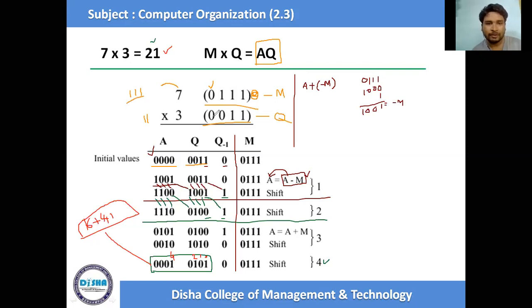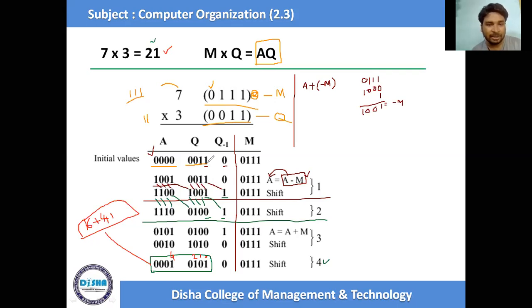Okay, after this arrangement, we have to compare Q0 with Q-1. I checked this case, and when the pair becomes 1 0, we do the subtraction operation: we subtract M from A, and whatever result comes, that moves to A. Don't skip that.